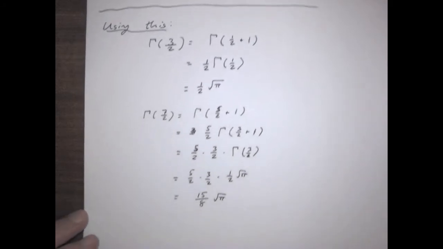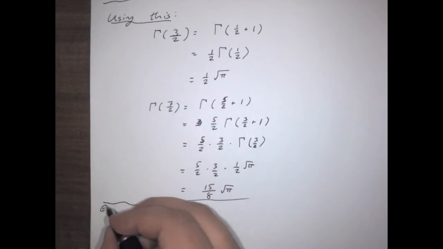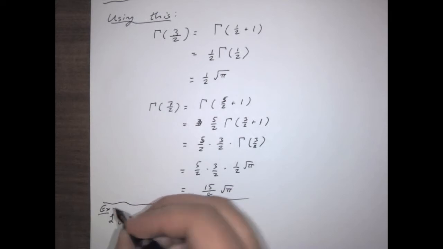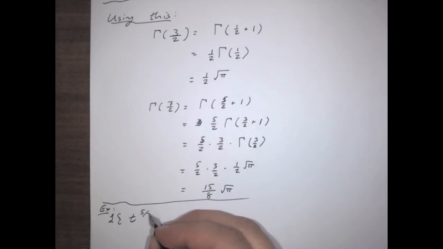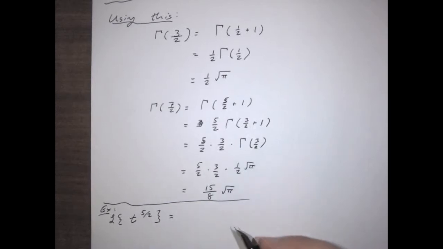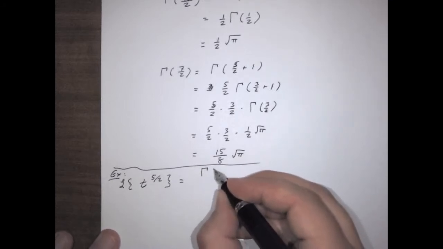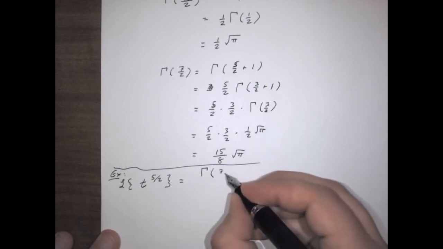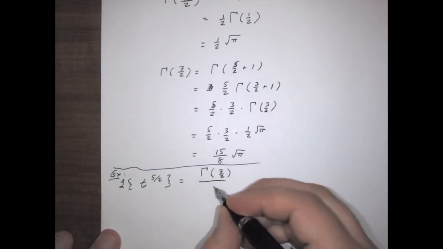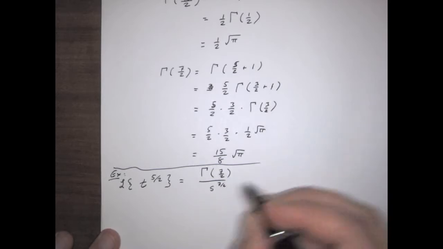So then, for example, if I wanted the Laplace transform of, let's say, t to the 5/2, that would be the same as gamma, and then this power plus 1 would be 7/2, divided by s to the 5/2 plus 1, which is 7/2.